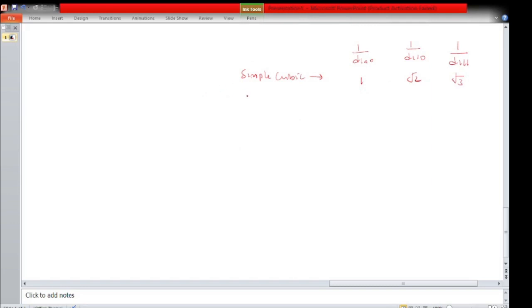And then if you consider body centered cubic, that is BCC, then this ratio will be 1 is to 1 by root 2 is to root 3.